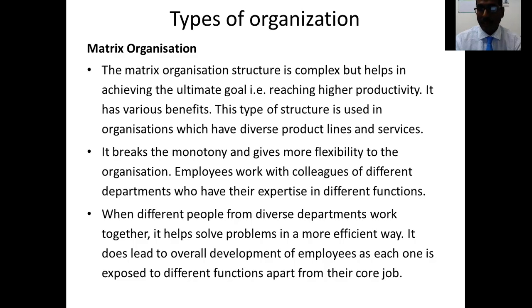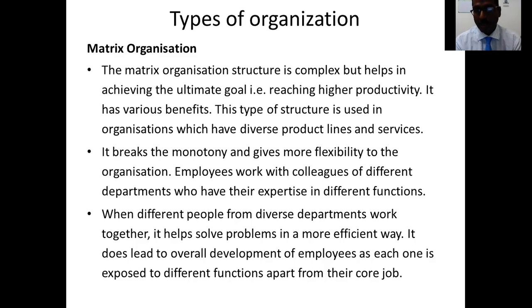Under the product line there are toothbrush, then mouthwash. So all these things are the product line. If the organization has a diverse product line, meaning so many in that particular product line, then it is better to have a matrix organization structure in order to reach higher productivity and efficiency.